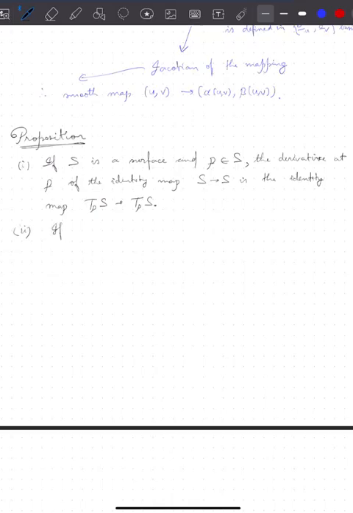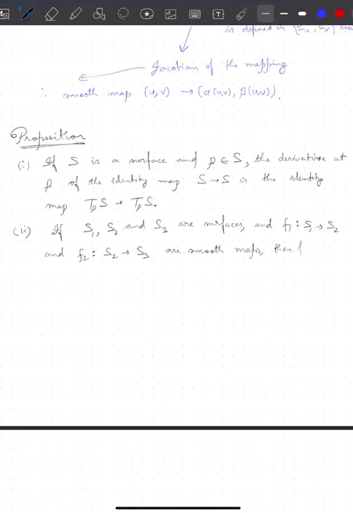The second thing is if S1, S2, and S3 are surfaces, and F1 is a smooth map from S1 to S2, and F2 is a smooth map from S2 to S3. Smooth maps.